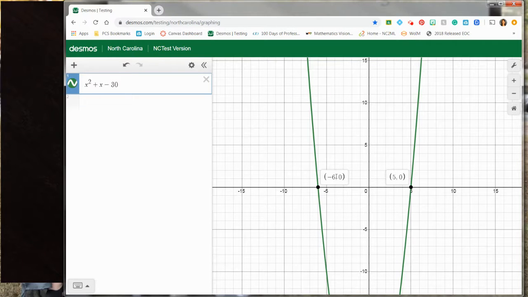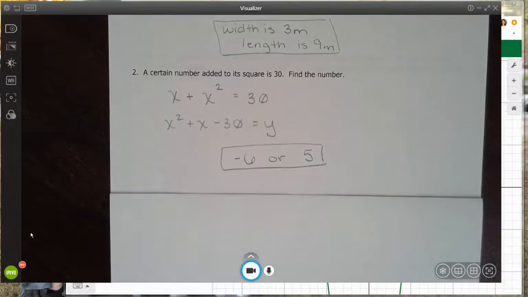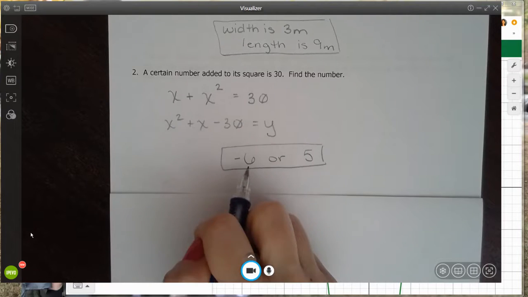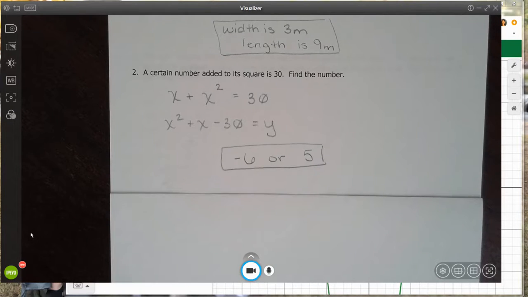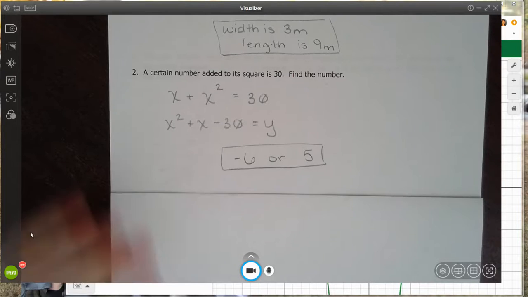And there's no indication in our problem as to whether or not we're dealing with a positive or a negative number. So I have to give both, negative 6 or 5, because both of those numbers, when squared and added to the original number, will give me 30.